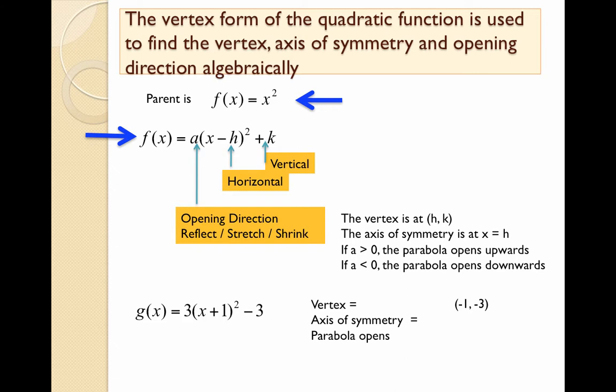So our new vertex is at -1, -3, which means that our axis of symmetry is x is equal to -1. Remember, that's the vertical line that splits our parabola in half vertically. And last, our parabola opens upwards because our a coefficient, 3, is a positive number, so we know that means that we're going to open upwards.